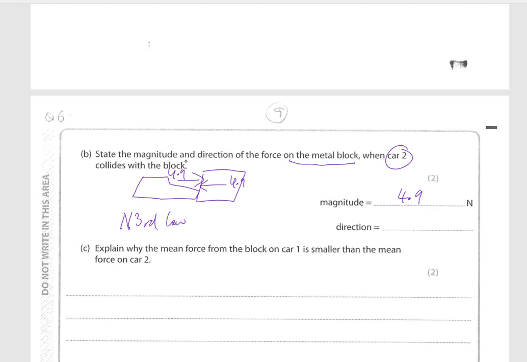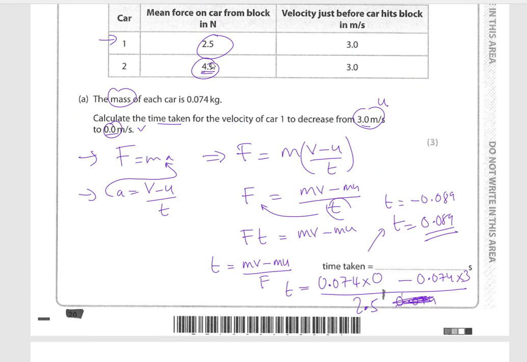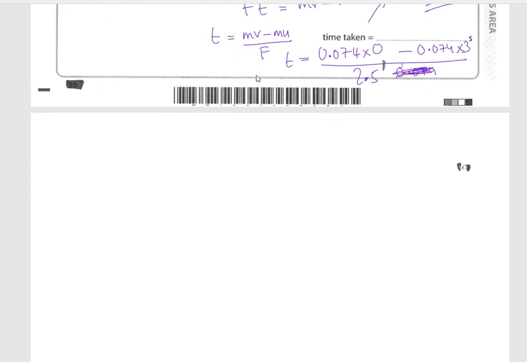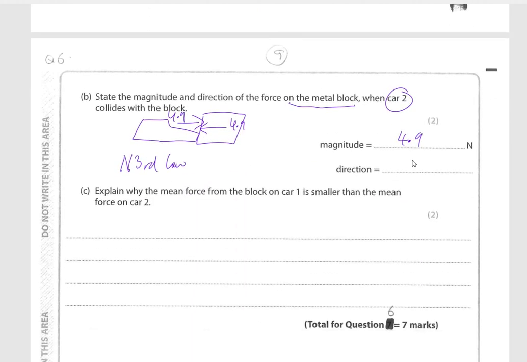So the car has a force of this one. That's the mean force from the block. So therefore the force will be the same. And the question, I misread the question. The question is saying the force on the metal block. So the car is acting with 4.9.